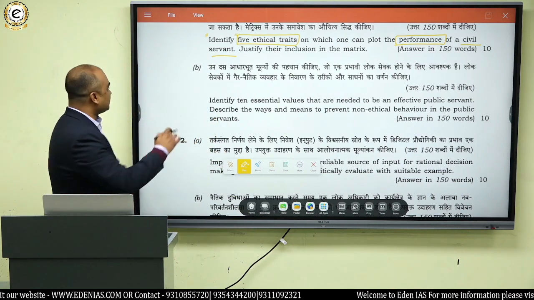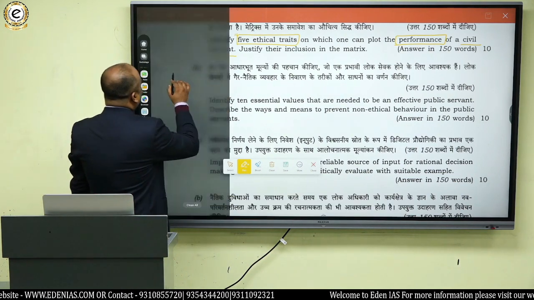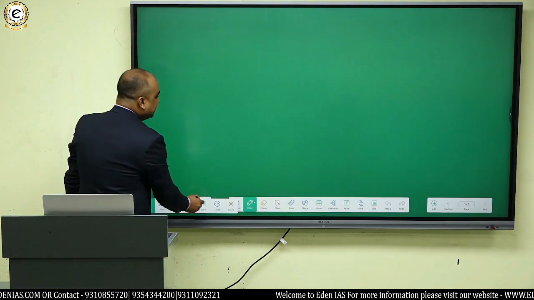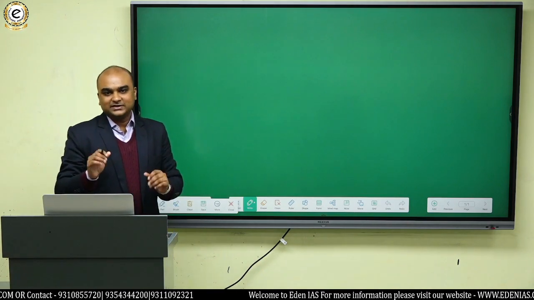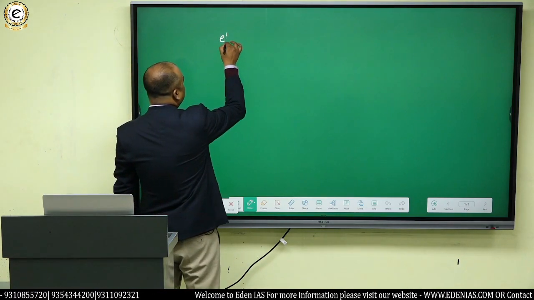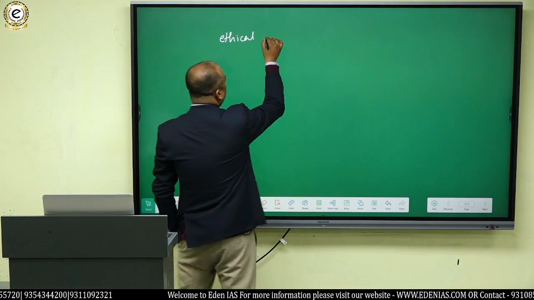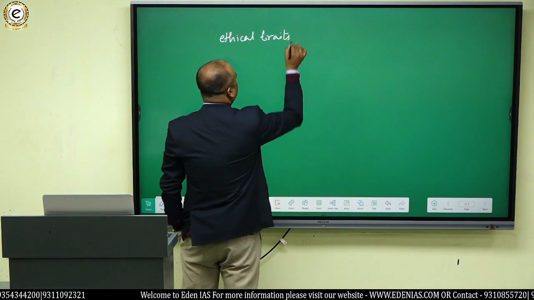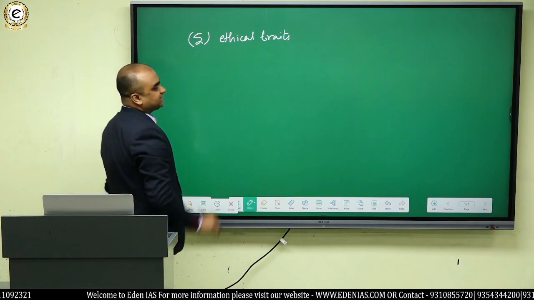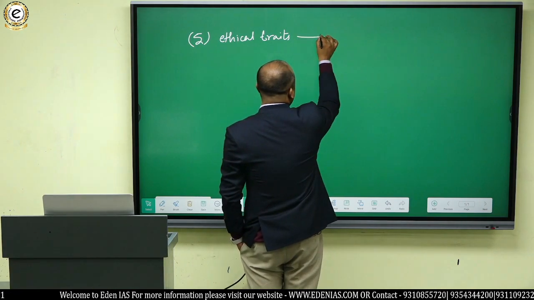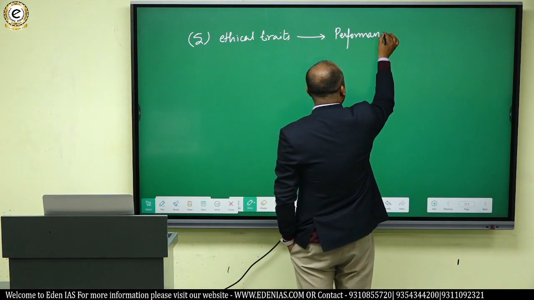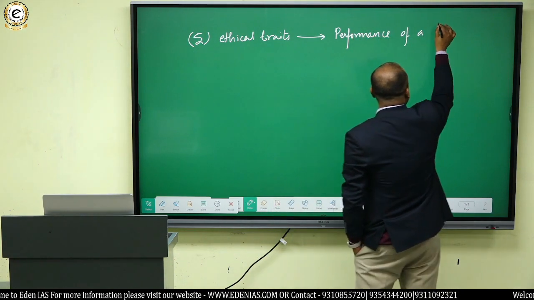So let's break down this question and try to understand what can be a suitable answer for it. Now look here, when we look at this question, there are 2 important words. First is ethical, and the second word is traits. So the question is asking us to find out 5 ethical traits on the basis of which we can judge the performance of a civil servant.